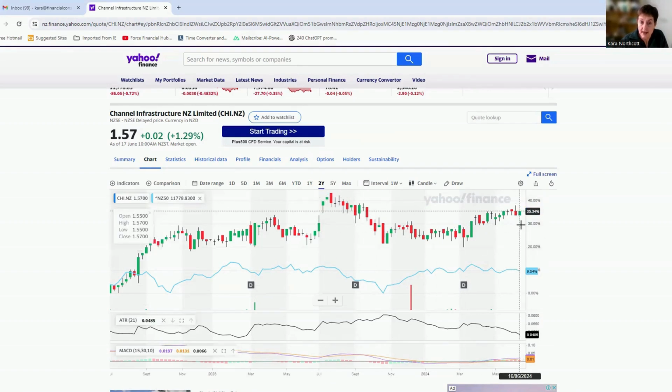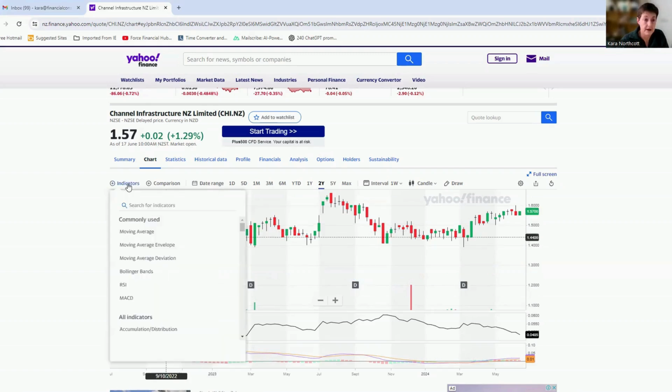I want to make sure that, in this case, channel infrastructure has been trading above the NZSX 50 for at least 5 weeks. And you can see that it's been trading above there consistently, well over 12 months, getting close to 2 years, even August 2022. So that's another tick forward for me.